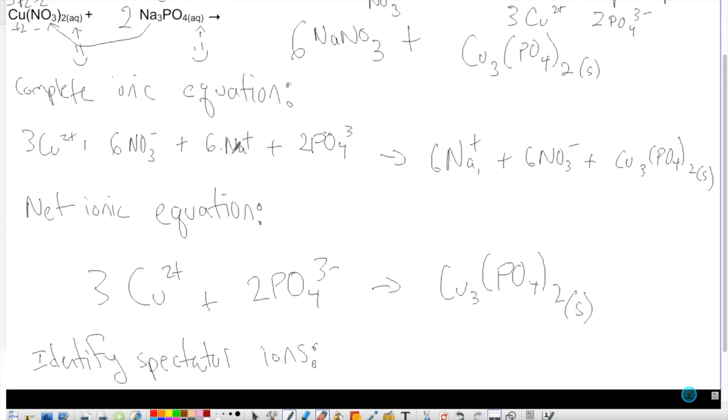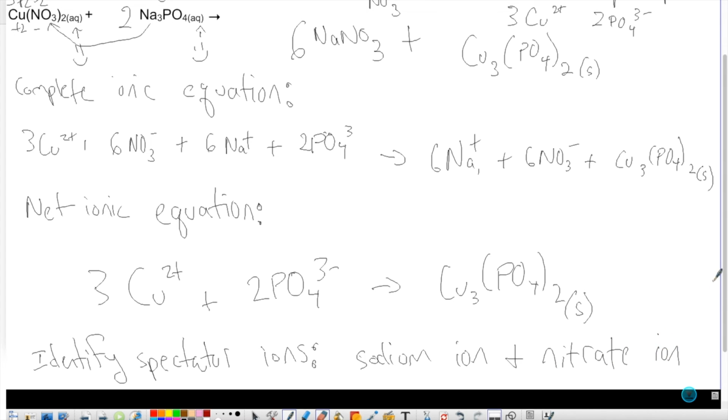They start as ions in these two solutions, and they end as ions in those two solutions, okay? What they're really there for is to make the other things soluble, but they don't participate in the reaction. So my spectator ions are sodium ion and nitrate ion.